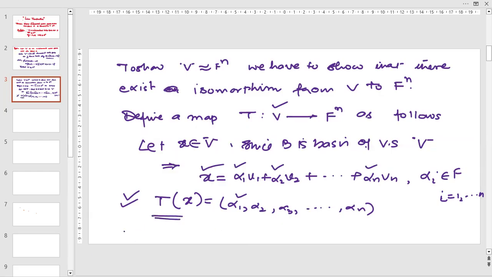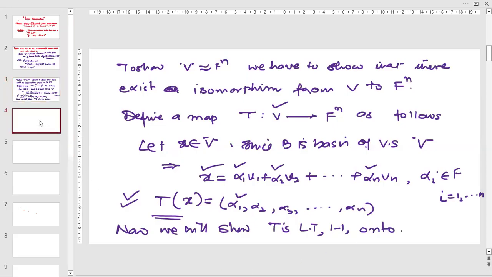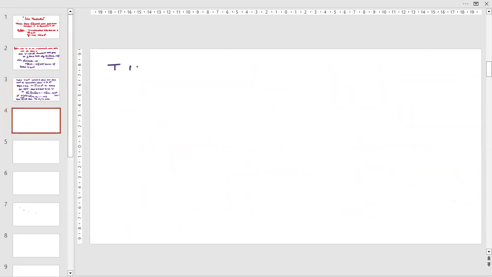Now we will show that T is a linear transformation, and one-one and onto. Let us show T is a linear transformation. So we will take two elements.